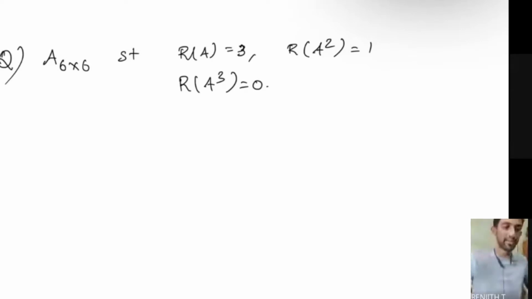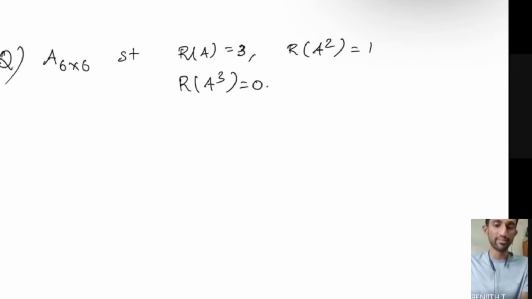Can you find out the Jordan canonical form? Rank of A cube equal to 0 means A cube is the 0 matrix. That means it is a nilpotent matrix of index 3.